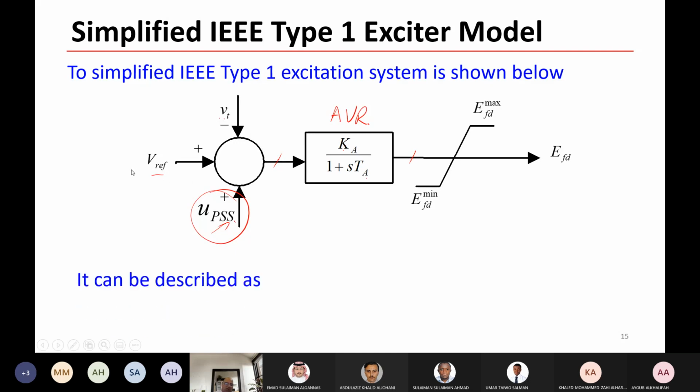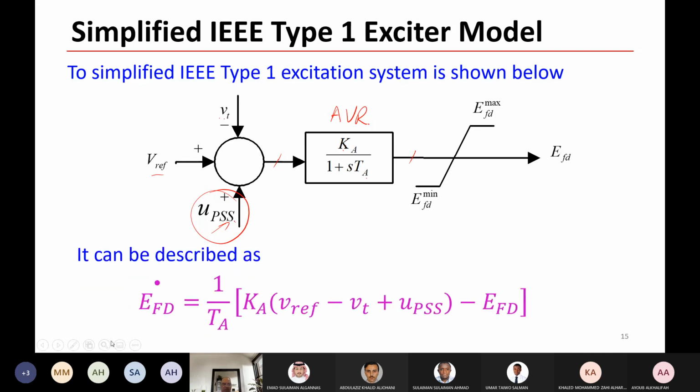So we can derive the simple equation as such: EFD dot equal to 1 over TA times KA (V reference minus VT plus UPSS) minus EFD. If there is no PSS, this is equal to 0, if no controller. If you have a controller, you have this signal. So this is the EFD dot.